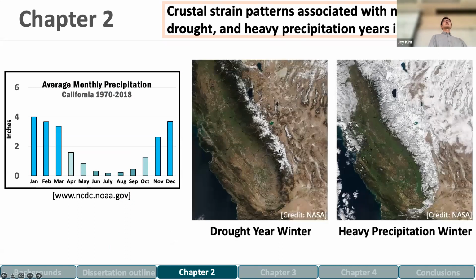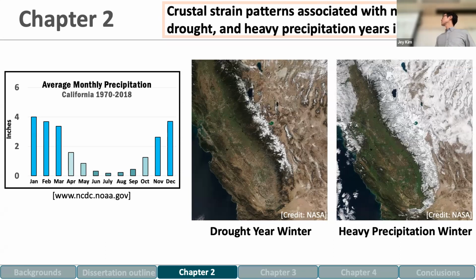If my statements are true, then our model should show something other than seasonal variation, such as multi-annual variation, because California has undergone severe drought for many years, and also it has extreme weather events such as heavy precipitation. And this year they are experiencing heavy precipitation.